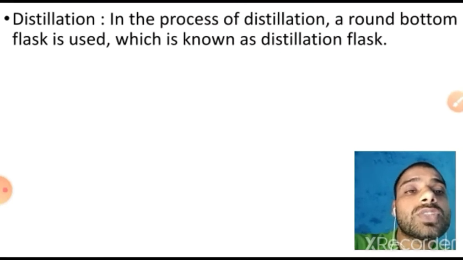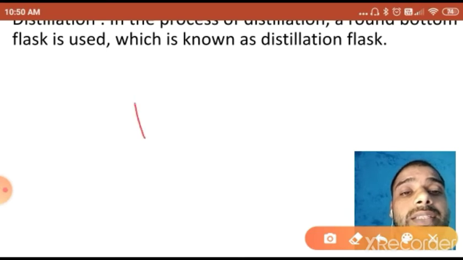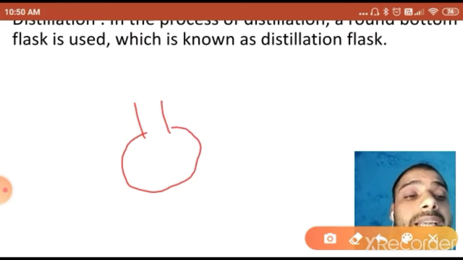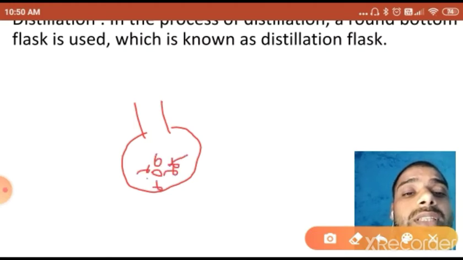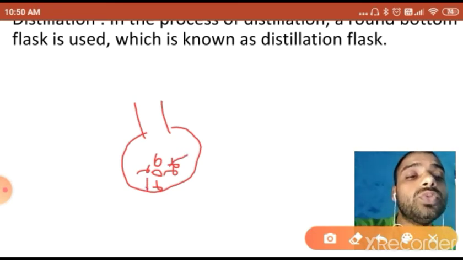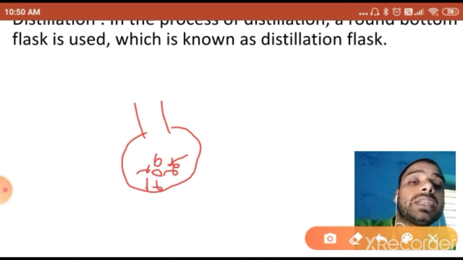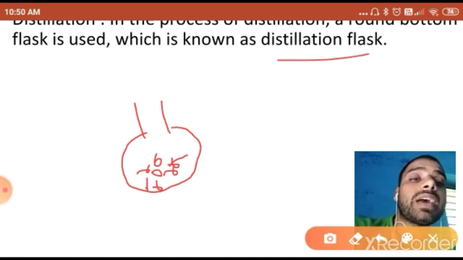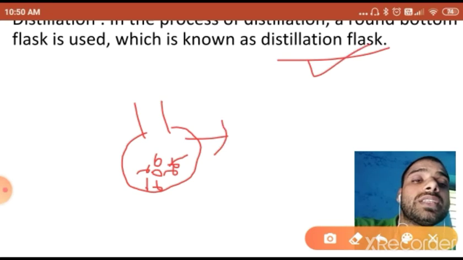In the process of distillation, a round bottom flask is used, which is known as the distillation flask. Let me show you here. This is a round bottom flask, and in this I will take the material I have to separate. In earlier examples benzene or aniline were given, so you can take a mixture of those. You take this into the distillation flask.